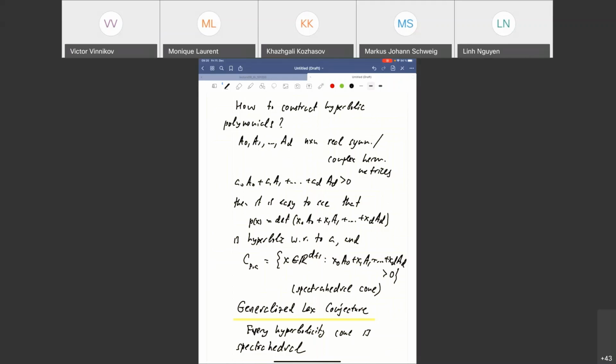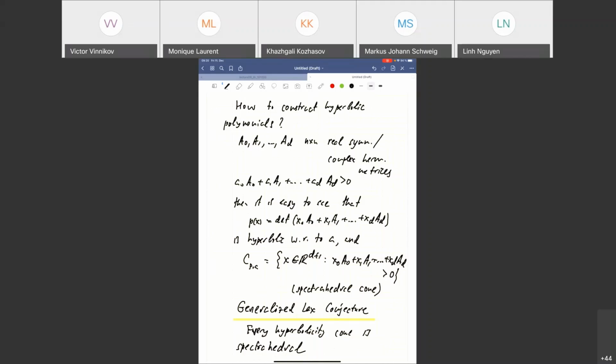In terms of conic programming, it means the following about hyperbolic programming. I didn't mention it, but probably it was mentioned in some other talks, that hyperbolicity cones are important in optimization because they are very nice cones to use with interior point methods: if P is the corresponding defining polynomial, then minus log P is a good self-concordant barrier function.